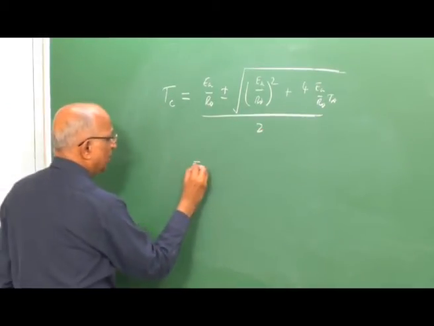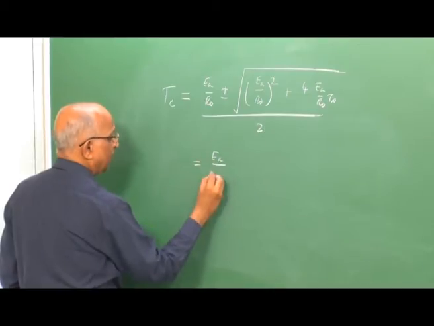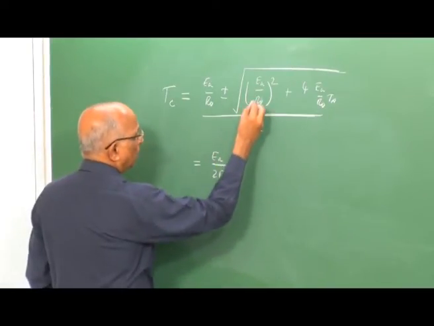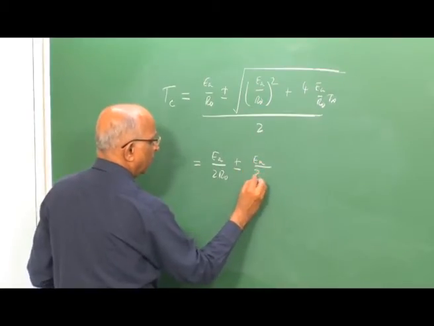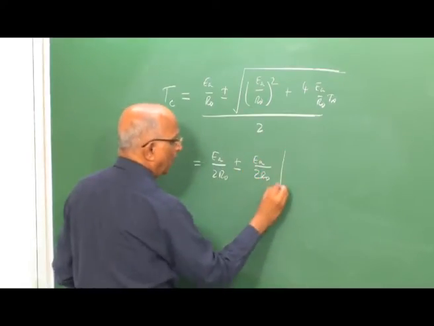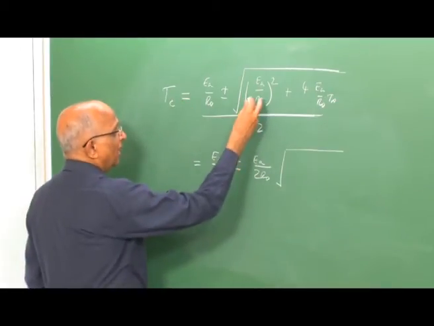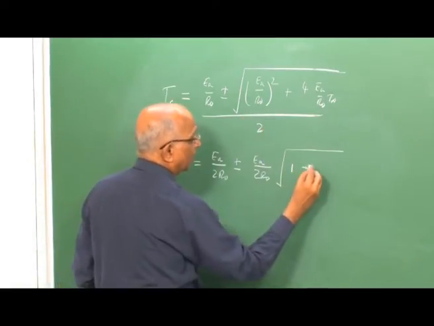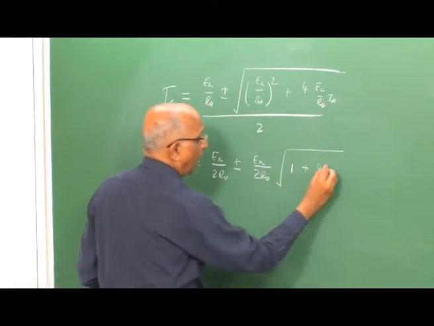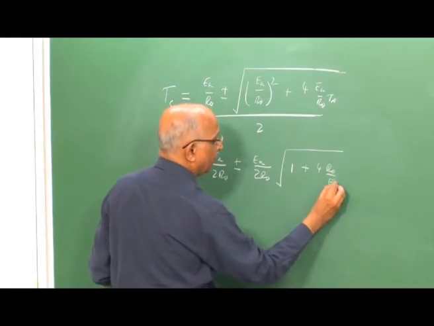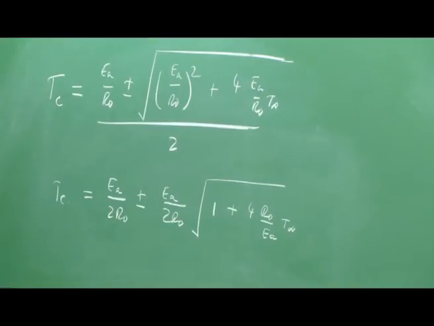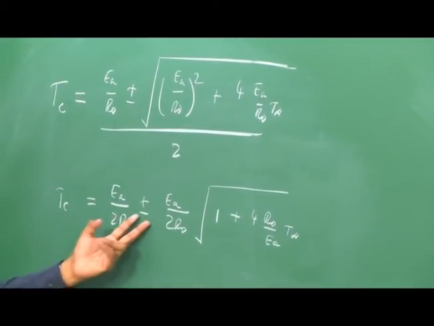Or rather, this gives me the value as Ea, the activation energy, divided by 2 R naught, plus or minus, taking Ea by 2 R naught outside again, into the under root, and since I have taken this outside I have 1 plus 4 into R naught divided by Ea into T ambient. And this becomes my value of Tc. Now, being quadratic, I get 2 roots.